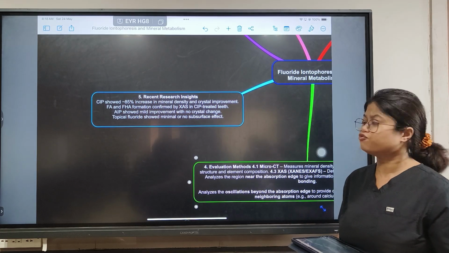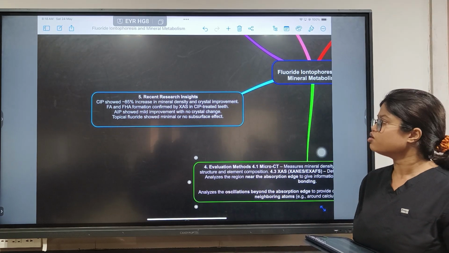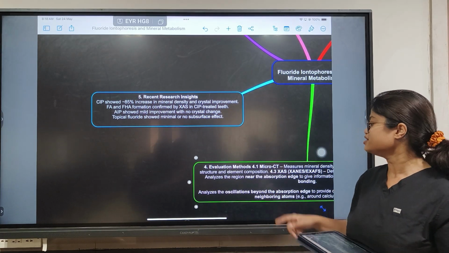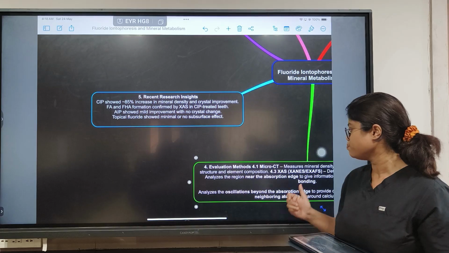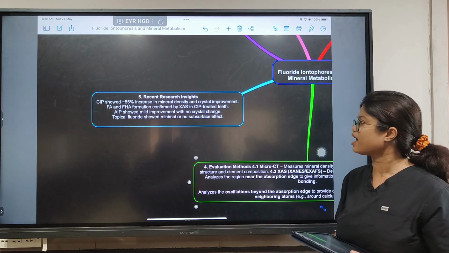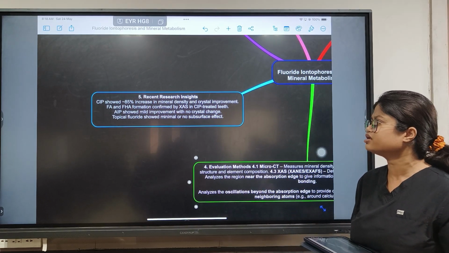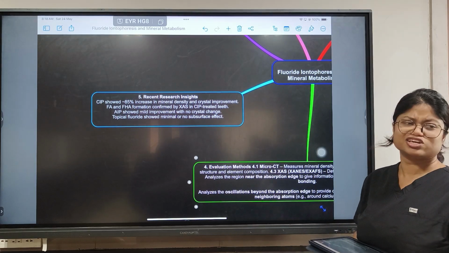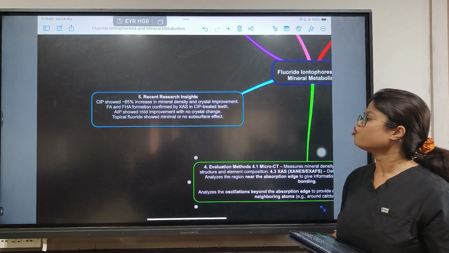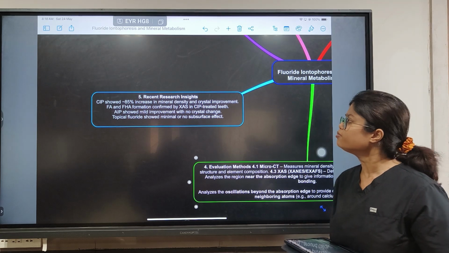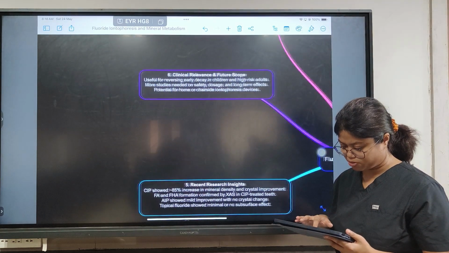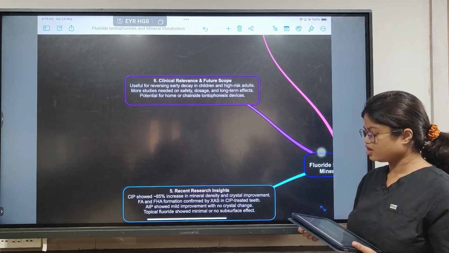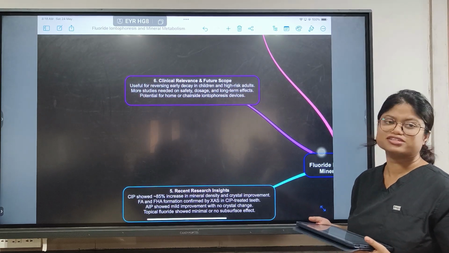Fluorapatite and fluorohydroxyapatite formation was also increased, confirmed by the XAS process, specifically in the cathode iontophoresis treated teeth. AIP showed mild improvement with no crystal change, that was the control, and topical fluoride showed no subsurface effect, that is 0%.